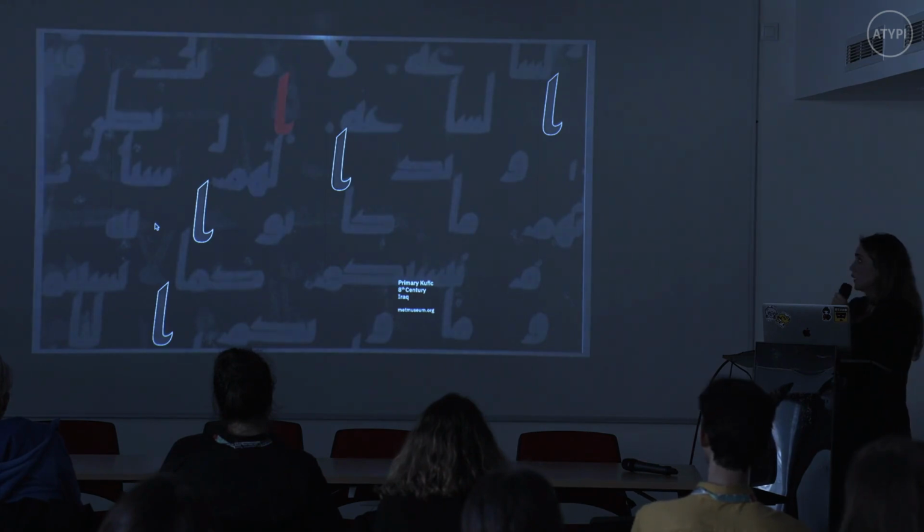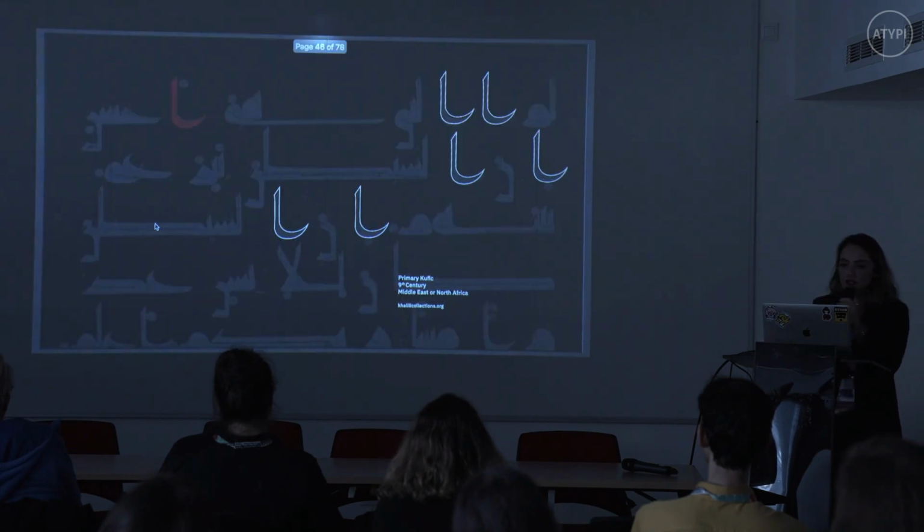In certain areas, when I was drawing and tracing, I noticed that there is a very precise mechanical drawing of the aleph. Here also, this is another evidence that these are all copy-pasted.